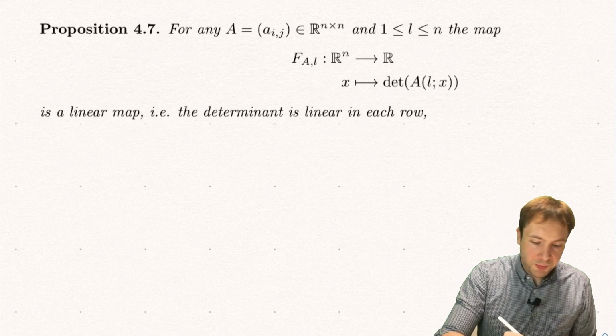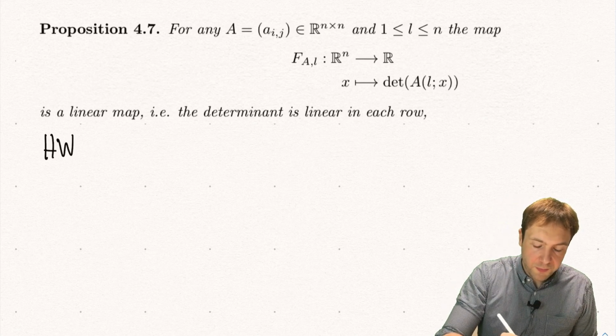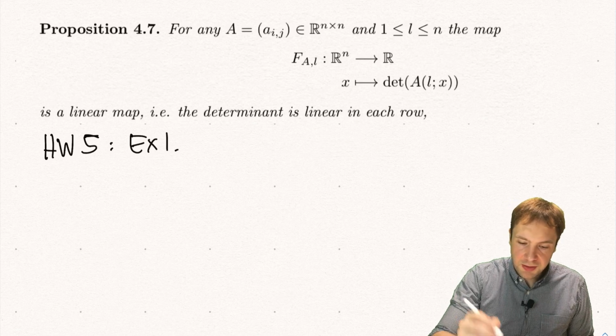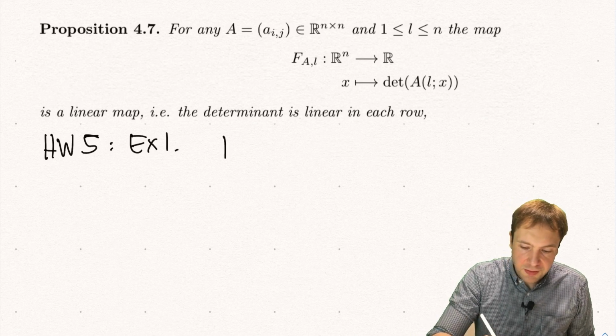This is homework 5, exercise 1. So you need to check again, what does linear mean? You need to check these two properties.